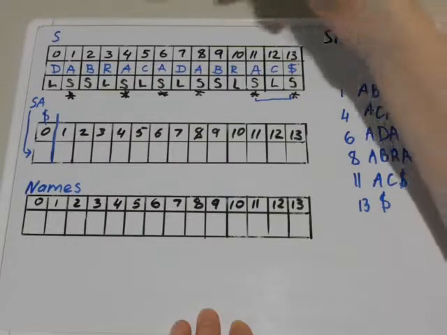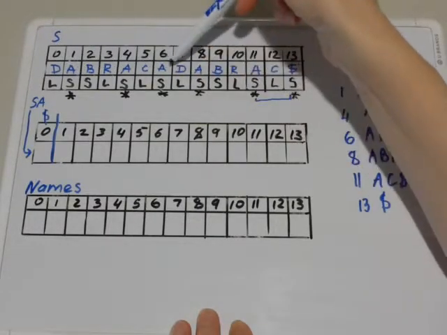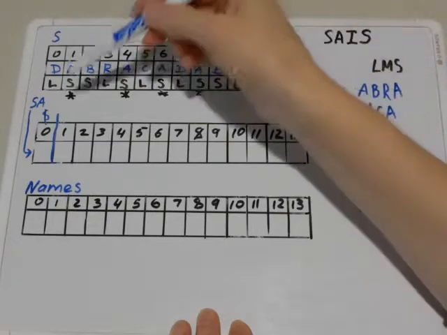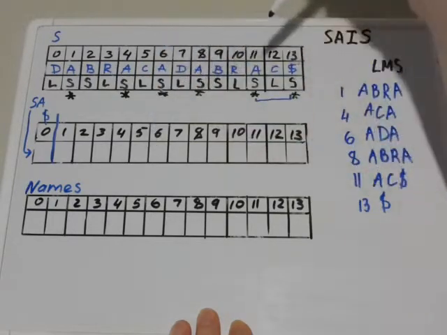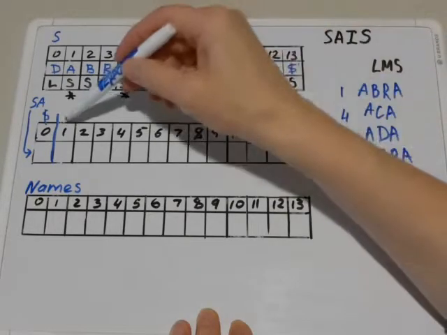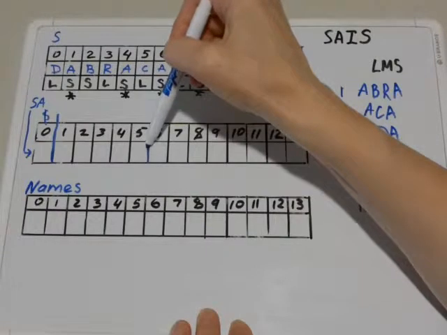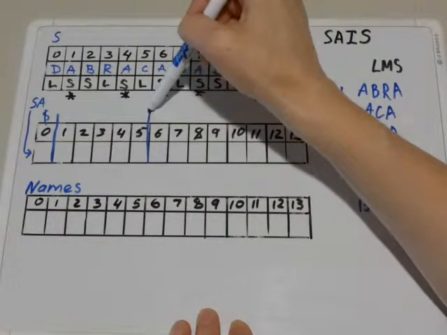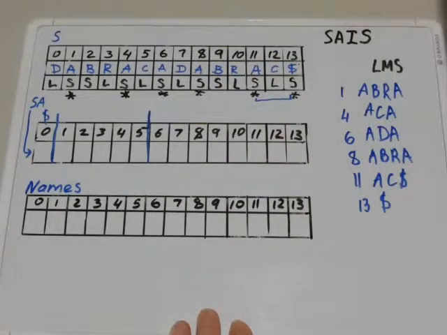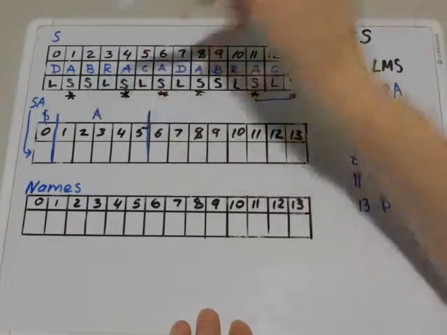Next smallest alphabetical character is A. Count how many A's it has: 1, 2, 3, 4, 5. So we need to have 5 positions for A. All suffixes starting with A will be in these positions, and this would be the A bucket.